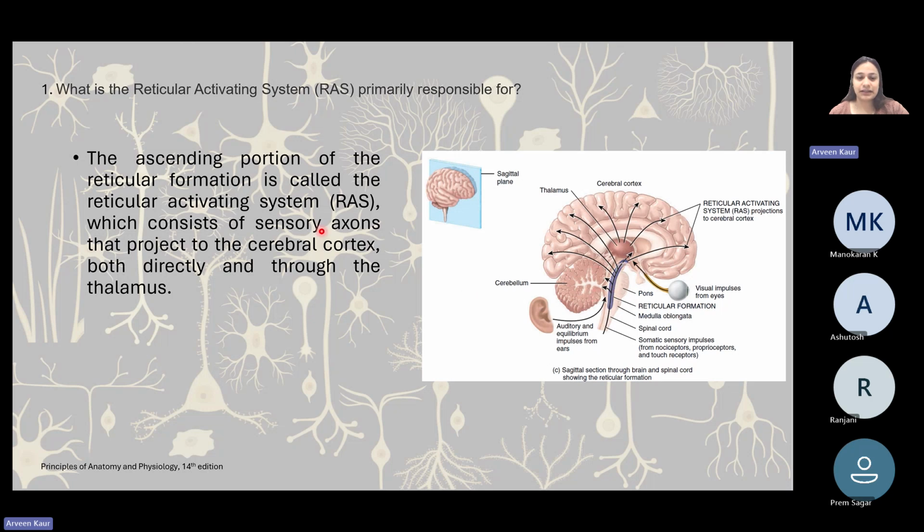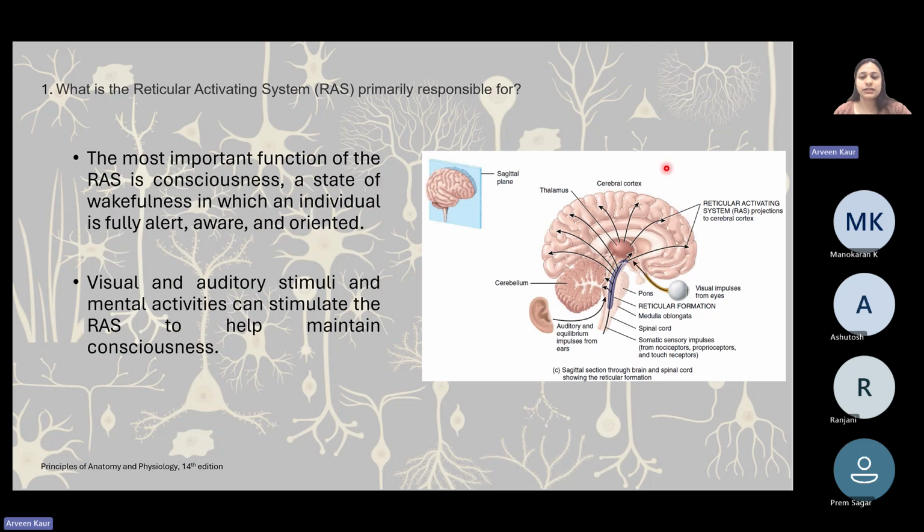It consists of sensory axons which project to the cerebral cortex, as we can see here, both directly as well as through the thalamus. So through here it can go through the thalamic course, or it can directly go towards the cerebral cortex.